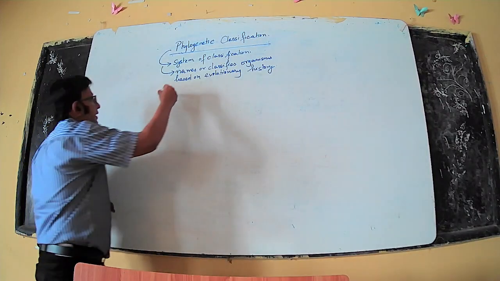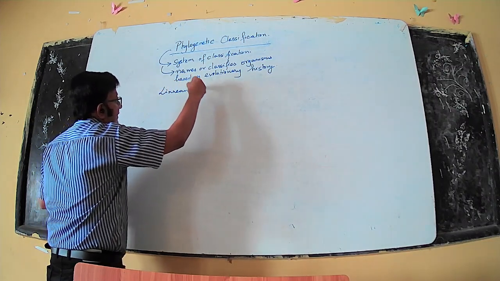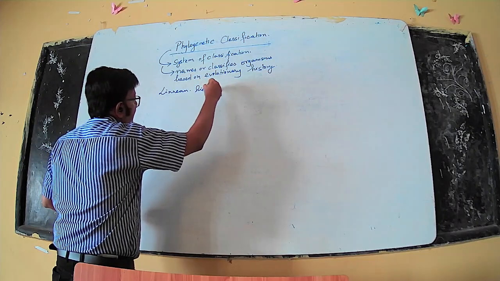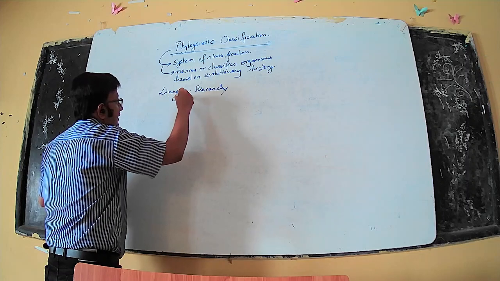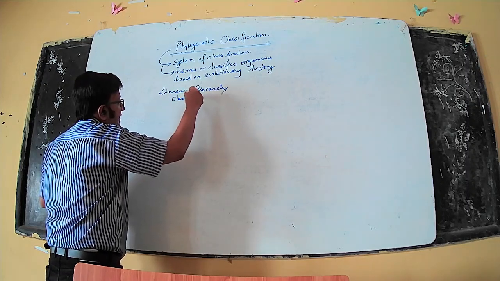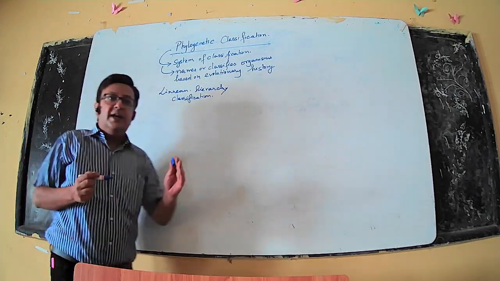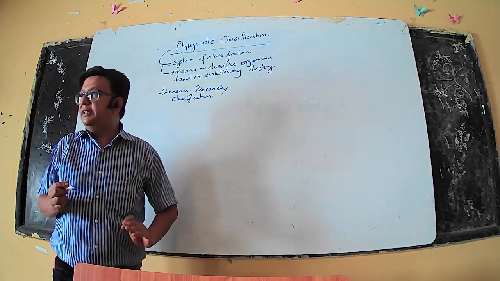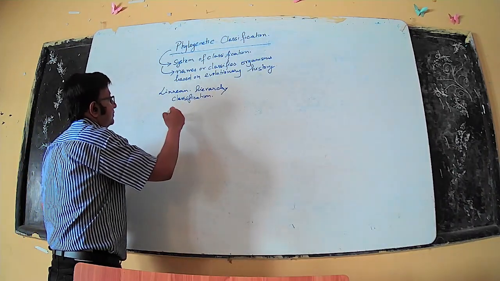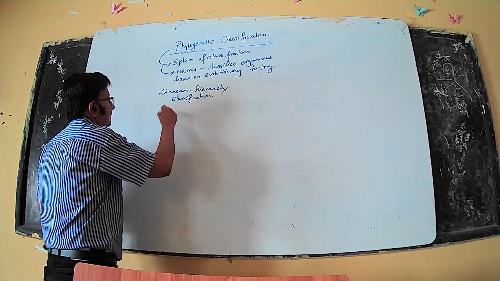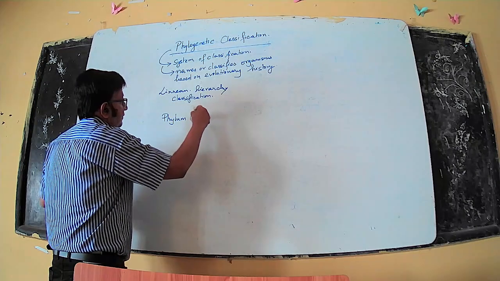The linear hierarchy classification gives phylum, subphylum, class, order; it divides it like this. For example, phylum Chordata.